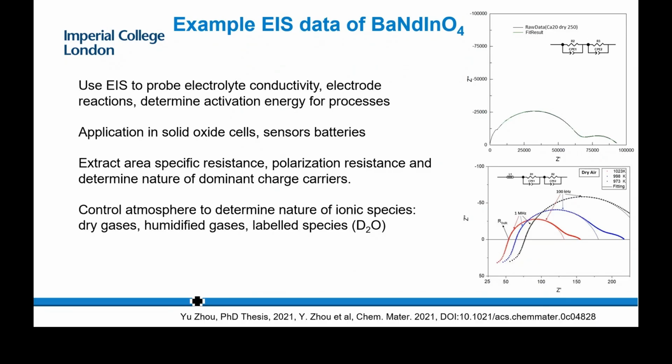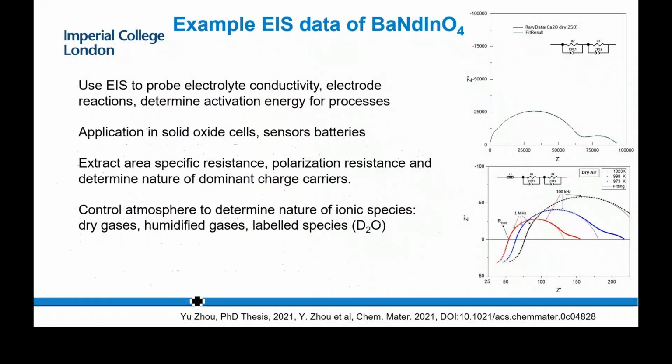And then under different atmospheres, you would look for the differences in these species, as to whether it is telling you that under a humid atmosphere you've got a higher conductivity than under a dry atmosphere. Again, not exactly unambiguous, but it's a pretty good and standard way of determining if you have a protonic species.